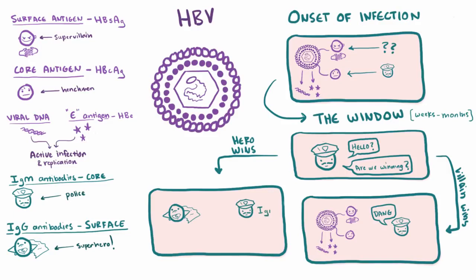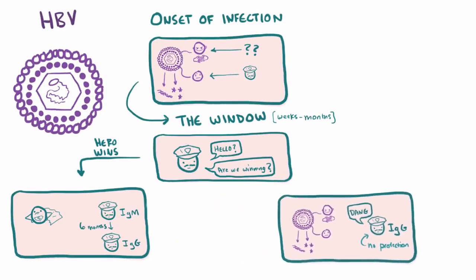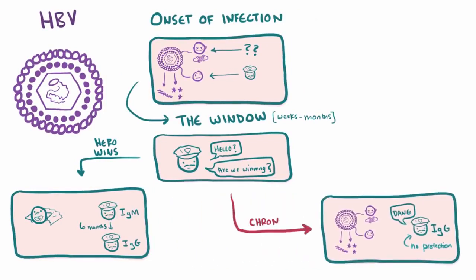Regardless of who wins, the IgM antibodies, the police force, will be promoted to IgG by about 6 months' time. But this does not mean that the host is protected. So it's important to note that we need this surface IgG superhero to win, but we can have core IgG antibodies and still lose.